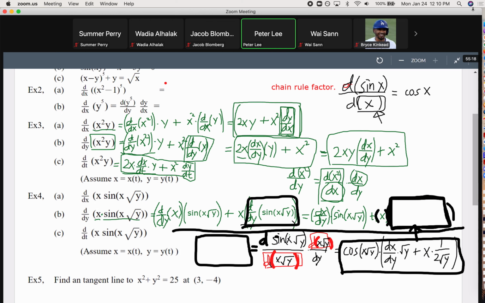So when you have d over dt, this is referring to time. Many times we want to know how fast things are changing when time is changing. So in that case, we apply d over dt. It is very, very common within math and all the sciences. Of course, if you take other courses like biology or astronomy or whatever science you take, d over dt is very common because we want to know how something is changing when time is changing.